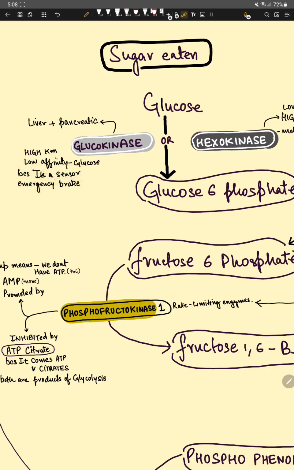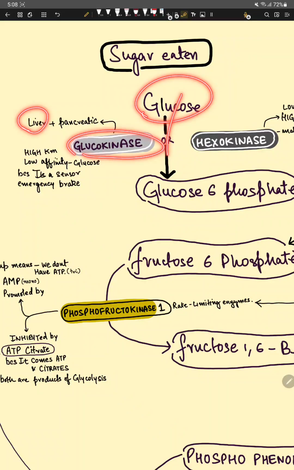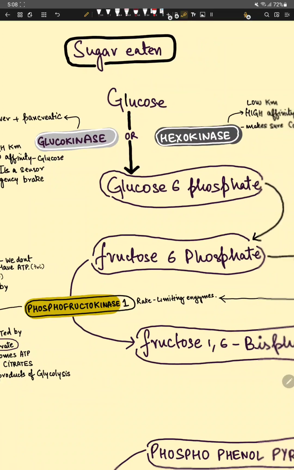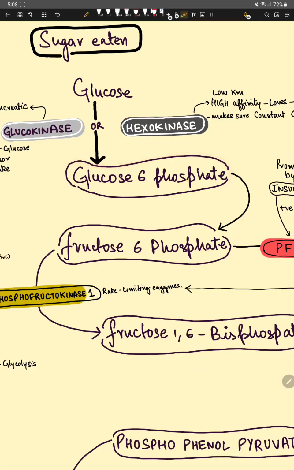Where do we need this? Where glucose levels need to be monitored, which is the liver and pancreas, because both of them are big glucose units. The liver makes these enzymes that break down glucose, and the pancreas makes insulin, so we need to make sure that glucose is constantly checked. Glucose cannot enter the liver without this enzyme, glucokinase. So glucose first gets converted to glucose 6 phosphate, then it can enter.